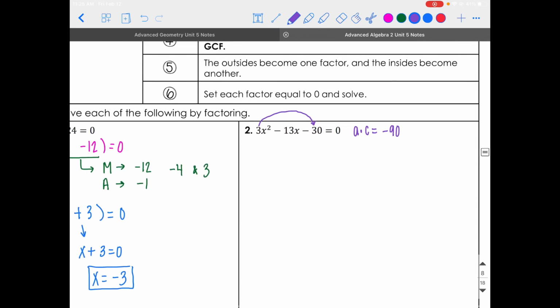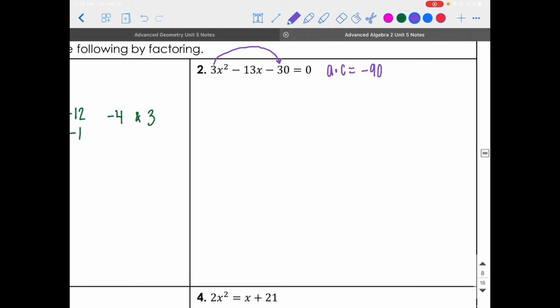And so now we're going to look for two numbers that multiply to be this -90 and add to be -13. So try to figure out those two numbers.